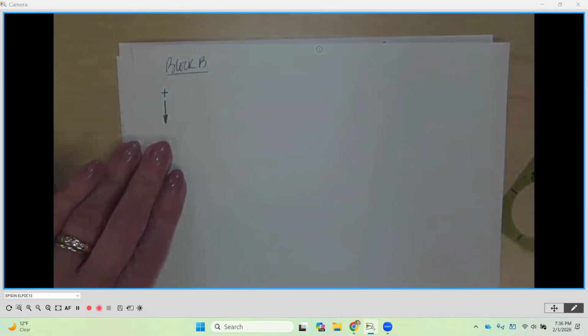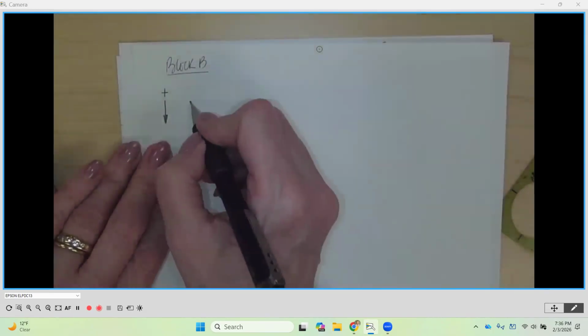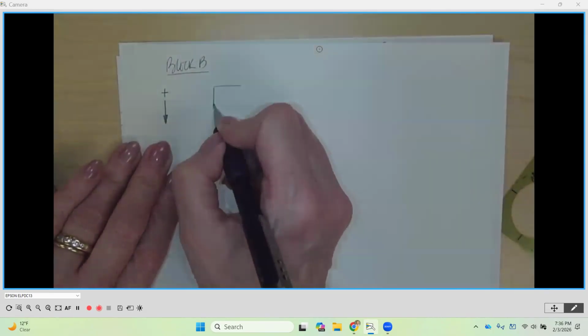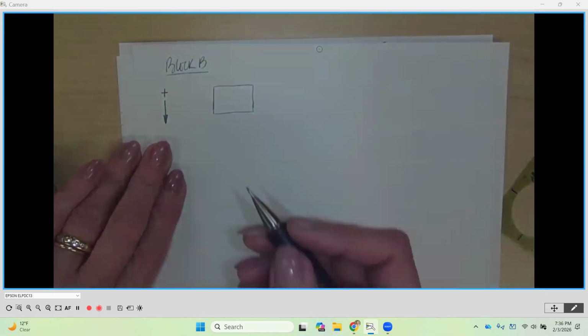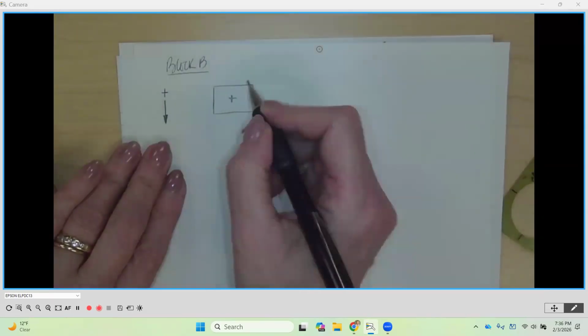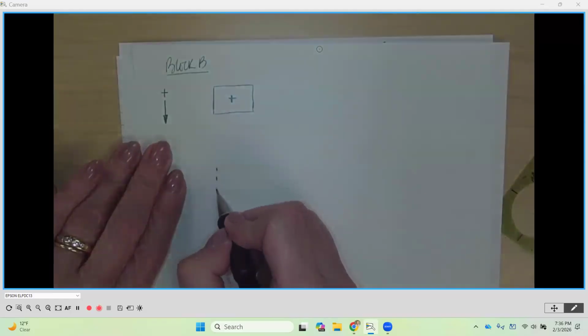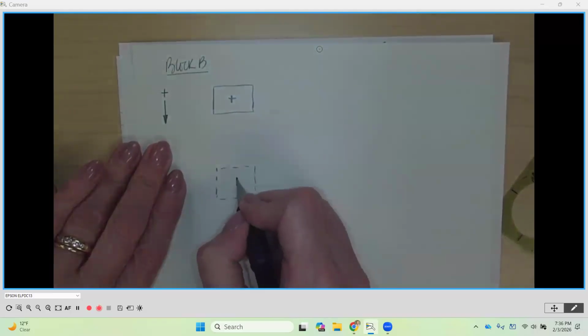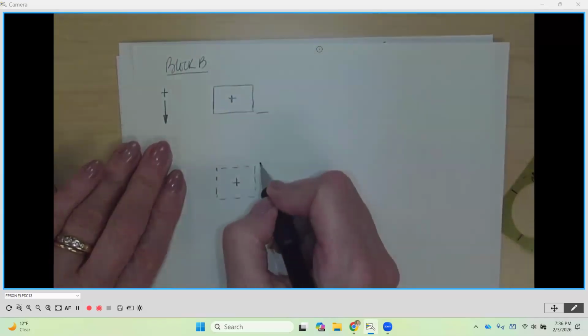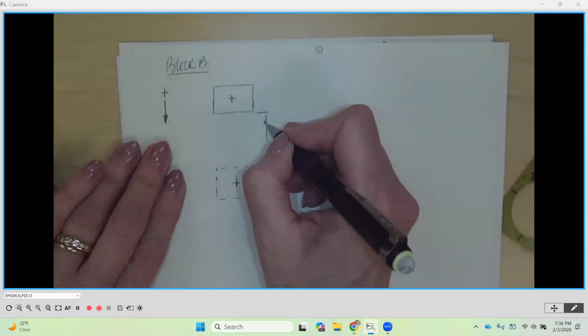Otherwise, everything would be negative. So we're going to have block B in its position 1. And then I'm going to show it down below here after it has moved 2 meters.